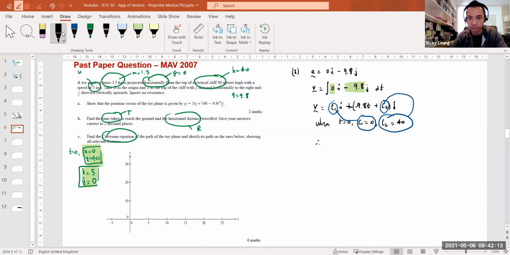So therefore velocity is... No, wait. Sorry, I put in the wrong number. That's a 5, because the initial horizontal velocity is 5, so that's 5i. And then plus, this one's not 40, it's 0 actually, my bad. I subbed into displacement by accident. I should be subbing in velocity.